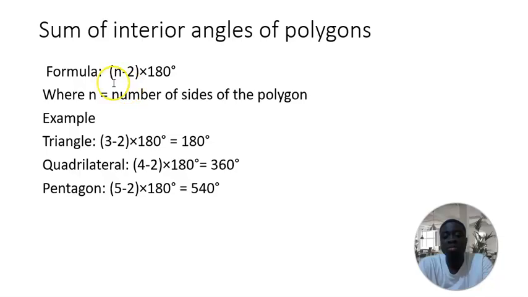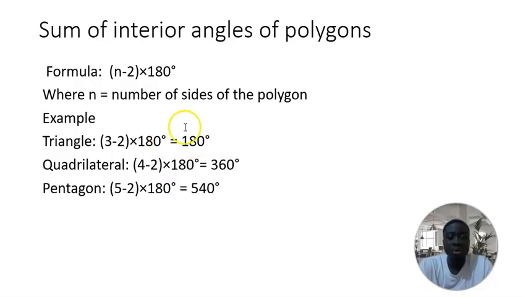If you want to sum up the interior angles of a polygon, it's given by this formula: bracket open n minus 2 bracket close times 180 degrees. We have already talked about n being the number of sides of the polygon. If we talk about a triangle, the sum of its interior angles is 180.